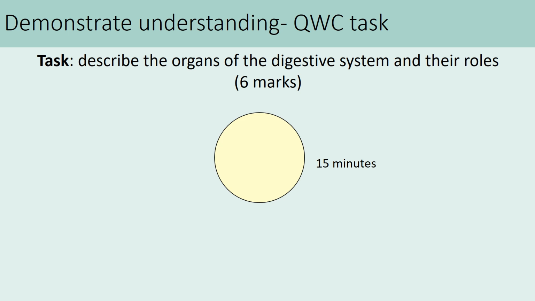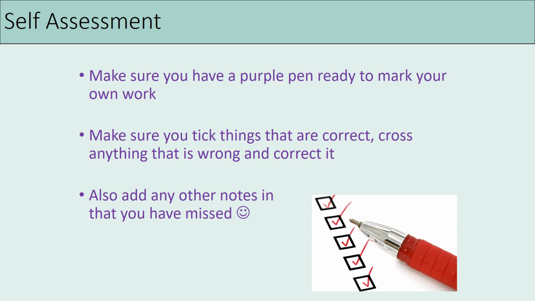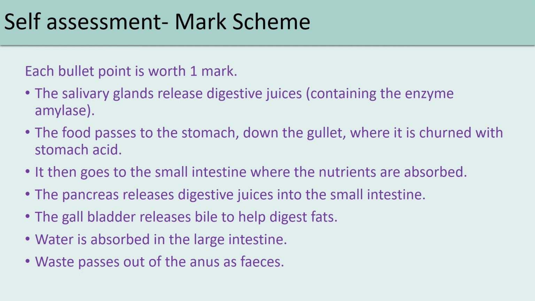Okay, so we're going to go over some of the answers that you might have put down, and each one of these is going to be worth a mark. So grab a different coloured pen if you have access to one, or just a pencil, and look over the answers. So you might have said that the salivary glands release enzymes, or you might have said the salivary glands release saliva to make it easier to swallow.